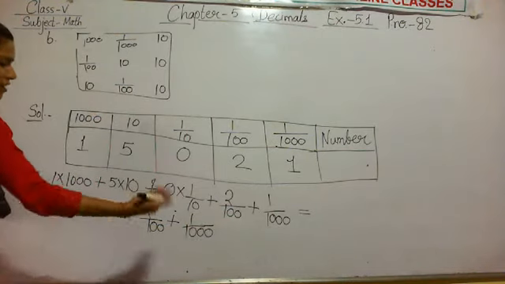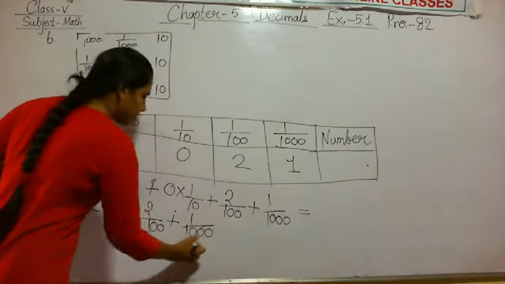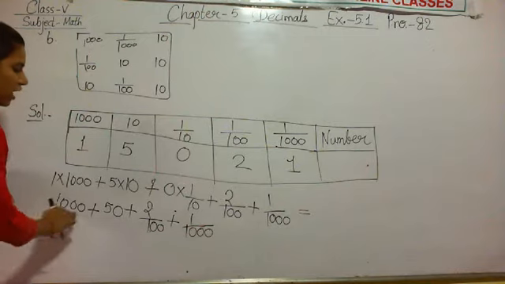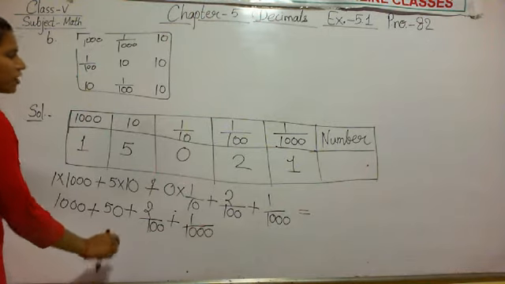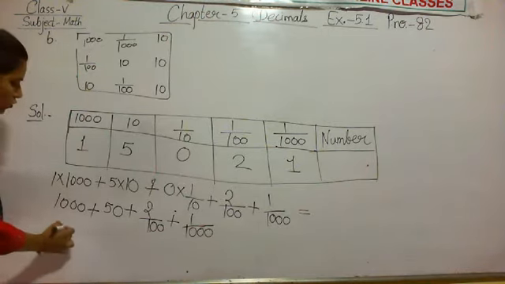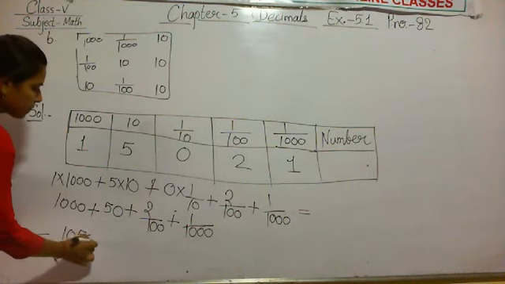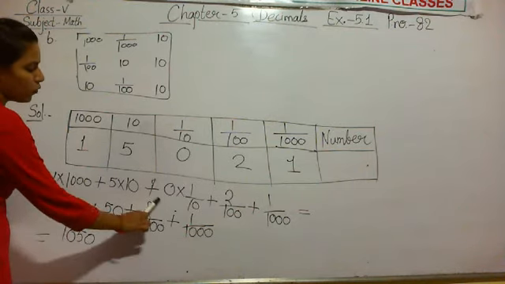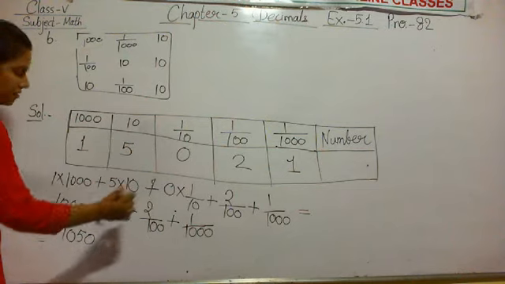Now if I convert this into short form, I will get my number, right? So 1000 plus 50. 1000 and 50 are both whole numbers, so we can add them directly. Now 2 is at the 100th place.